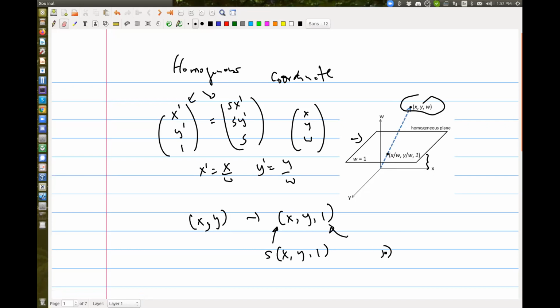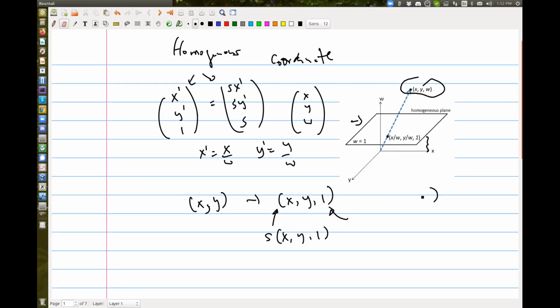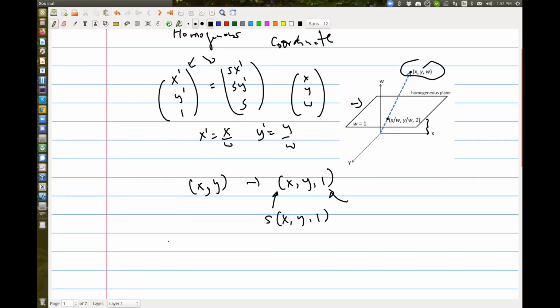For example, say my original point is (1, 2). This is the Euclidean coordinate.